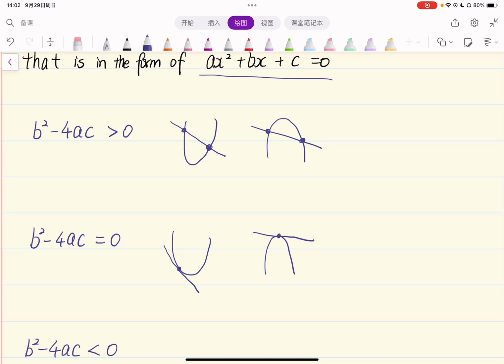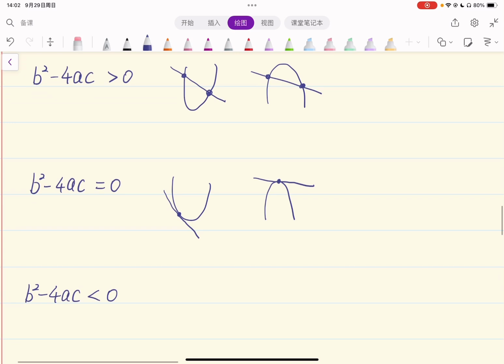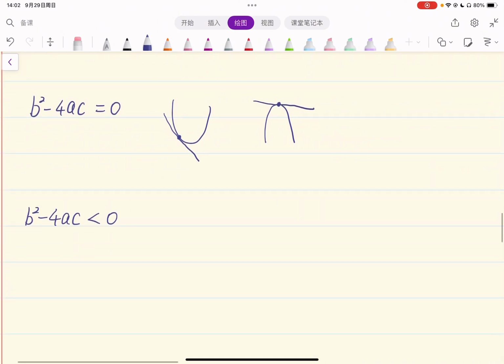So also once. And we can also have b squared minus 4ac less than 0, so the two graphs do not intersect each other. The graph will look like this, or maybe like that.